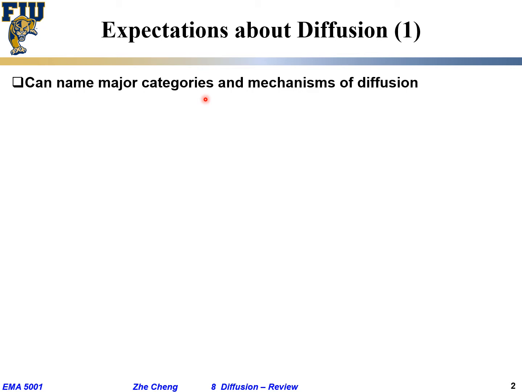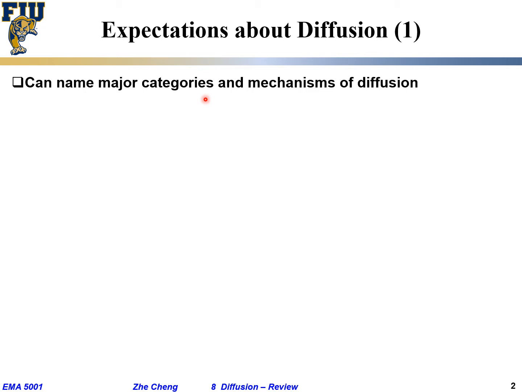Of course, the diffusing species can be different things, atoms, molecules, and by mechanism, we said there's so-called interstitial diffusion, when the species that are diffusing are much smaller than the surrounding atoms. And at the same time, there would be so-called substitutional diffusion.